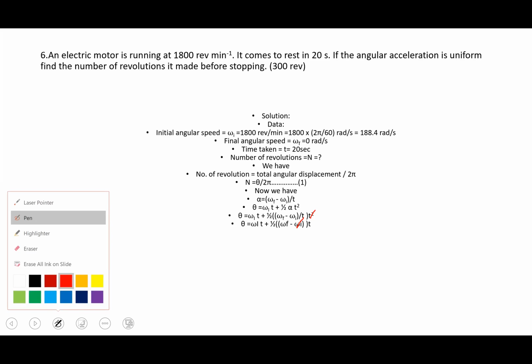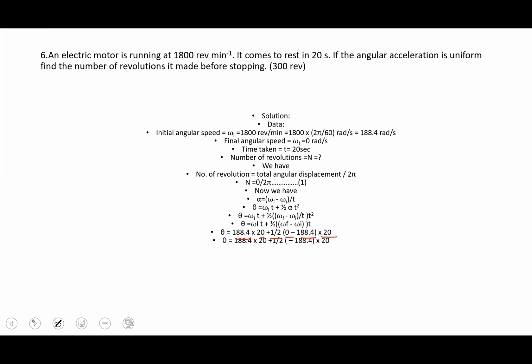We are left with theta is equal to omega i into t plus half into omega f minus omega i into t. This is the new formula which we have made from the second and first equations of motion in angular form. So putting in the values, what do we get for the value of theta? It will be 188.4 into 20, which is the time, plus half into 0, which is the final angular velocity, minus the initial velocity 188.4, multiplied by the value of t, which is 20.